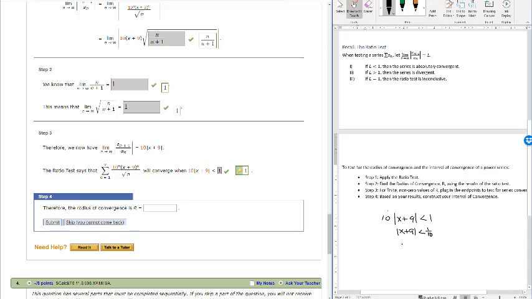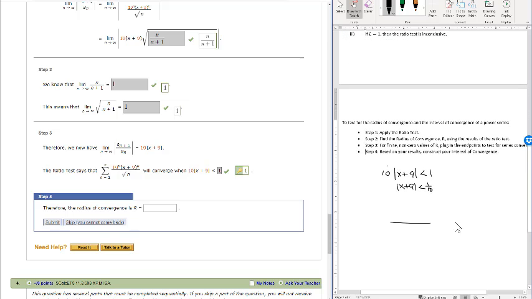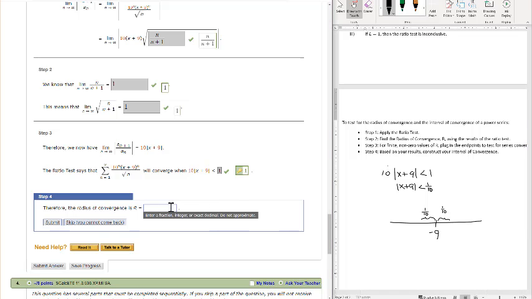So this is going to give us a center point at -9, which is what makes the absolute value equal to 0. And then we're only going to move a small space of 1/10 to the left and to the right. So that is our radius of convergence. Let's go ahead and put 1/10 here for the radius of convergence.